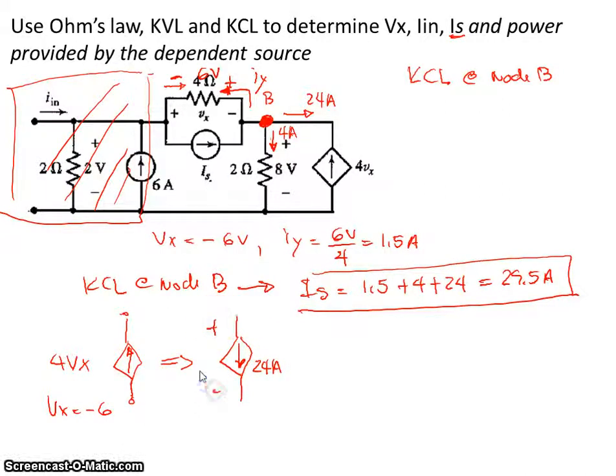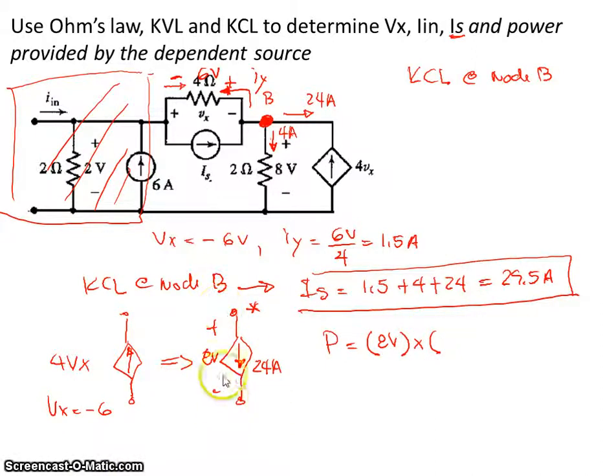We know that across this dependent source we have 8 volts with that polarity. Once we have this, I can use this as a reference point, and then power is going to be equal to the voltage from this terminal to this terminal, that is seen as positive 8 volts, times the current.